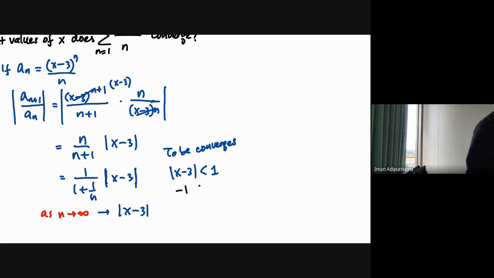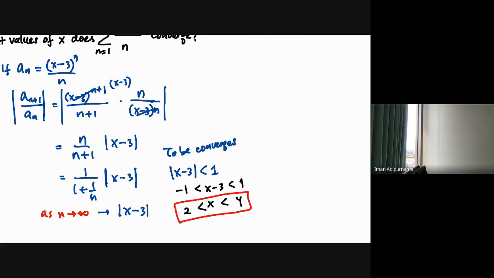So, from 2 until 4, right? So we get this x for the convergence, and it diverges when x is less than 2 and x is greater than 4. Okay.